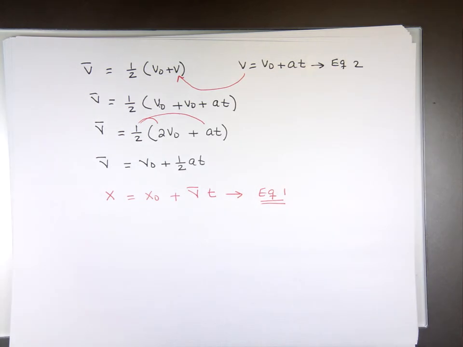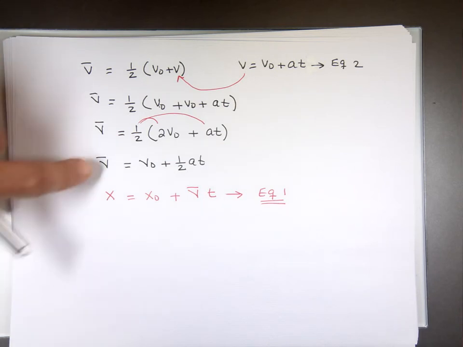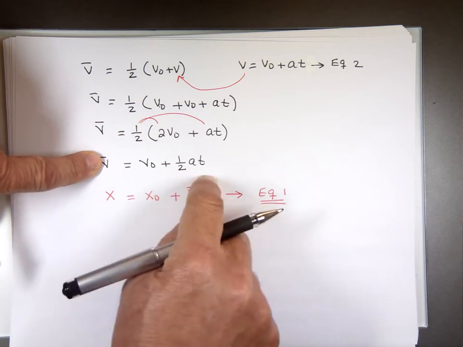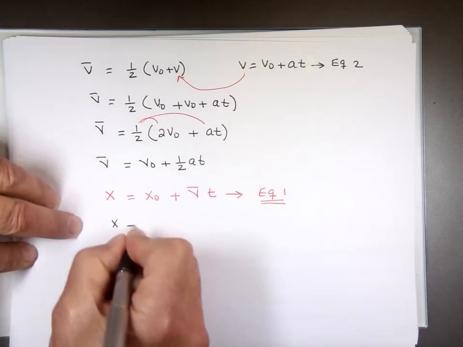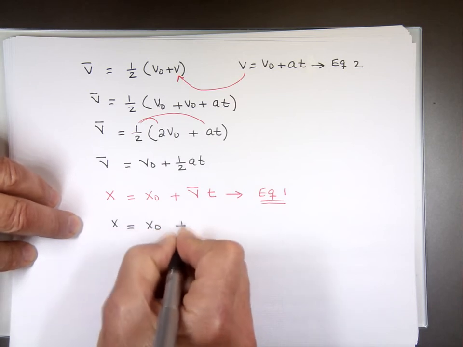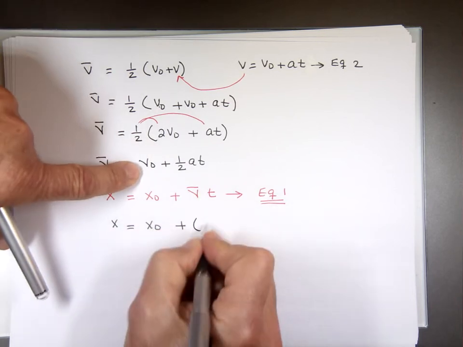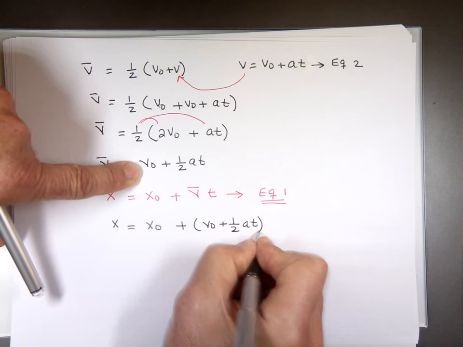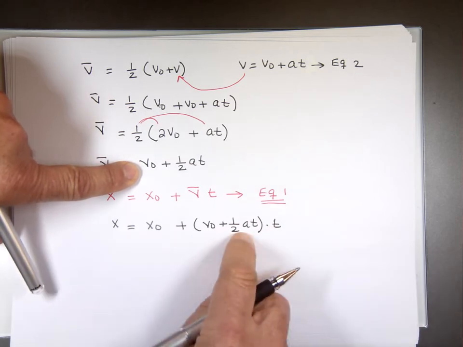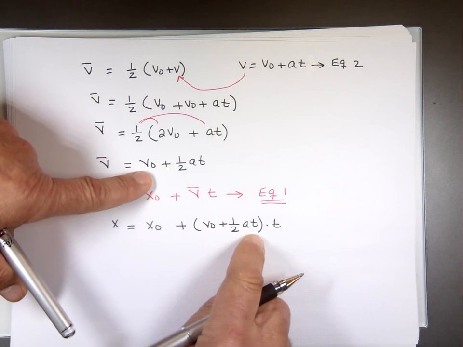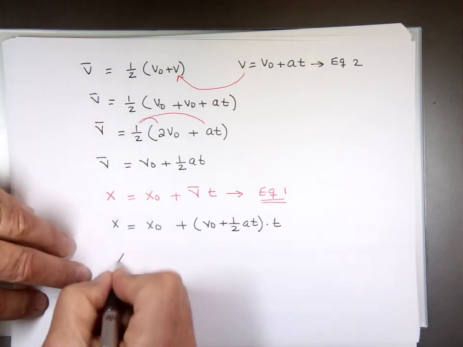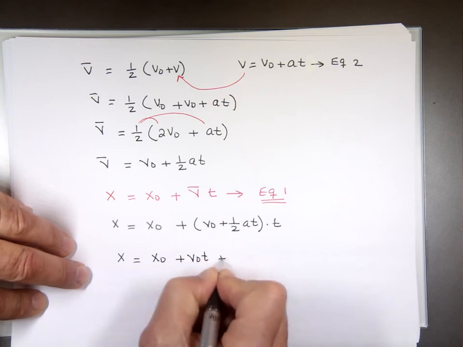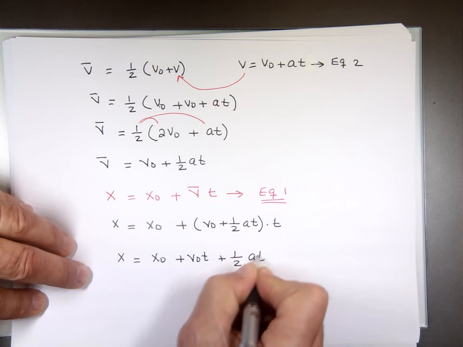Now, if I do a substitution, take the V average from here and replace it with this, I will have X equals X sub 0 plus, in place of V average, V0 plus 1/2 AT, and then you multiply that by T. Do the math. And this is equation number 3.